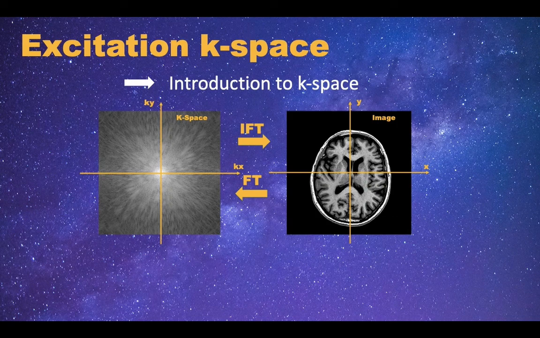The trajectory of K-space is determined by the RF pulse and the gradient. The interesting part is, this relationship between K-space and image holds true not only for acquisition, but also for excitation. That means we can obtain a desired excitation pattern by jointly designing the RF pulses and the gradients.